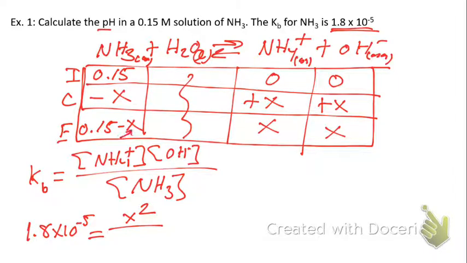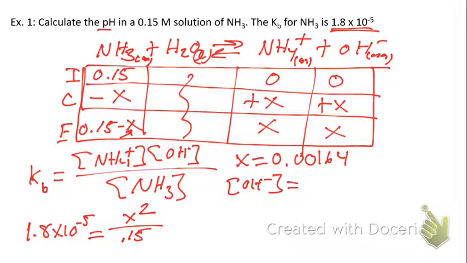We can ignore that x and just put in 0.15. A quick calculation shows x is equal to 0.00164. The OH- concentration at equilibrium equals the x value, so the OH- concentration is 0.00164.